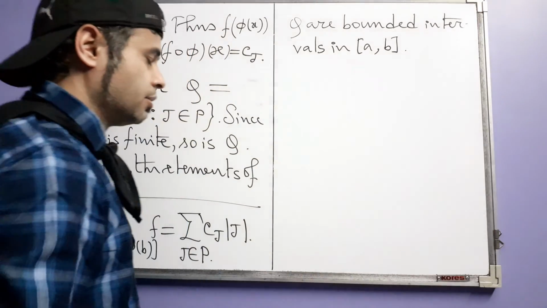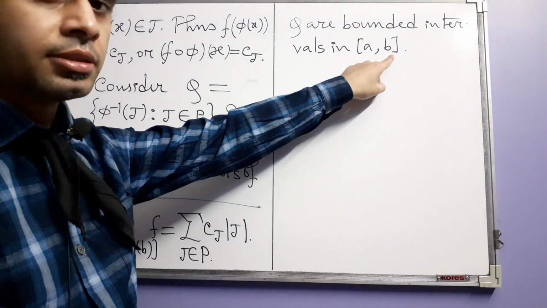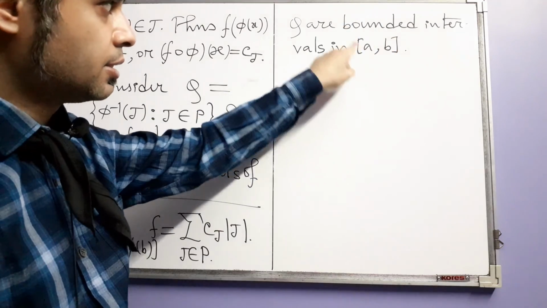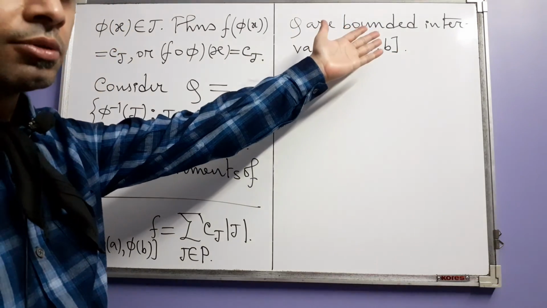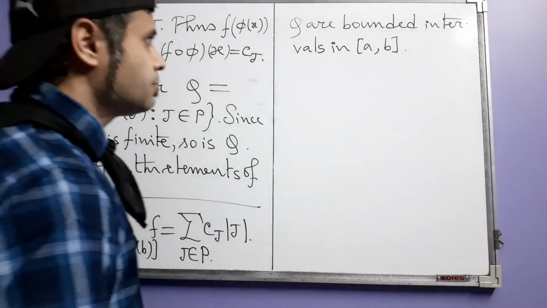They are these sets which are already elements in this, so they are bounded sets because this itself is bounded, and just now we have proved that they are intervals as well.